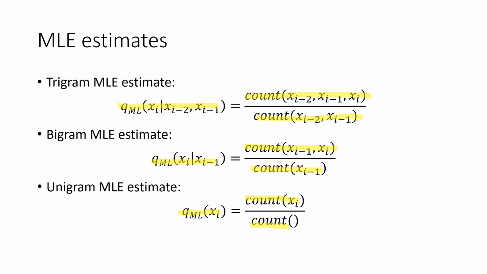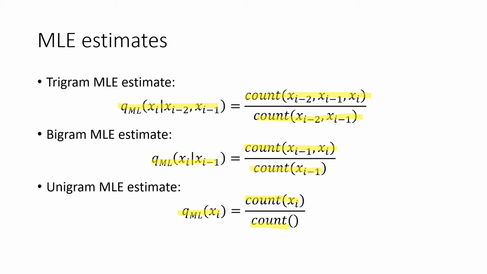The trigram, bigram, and unigram estimates have different strengths and weaknesses. The unigram estimate will never have the problem of its numerator or denominator being equal to 0. Thus, the estimate will always be well defined and will always be greater than 0, providing that each word is seen at least once in the training corpus, which is a reasonable assumption.